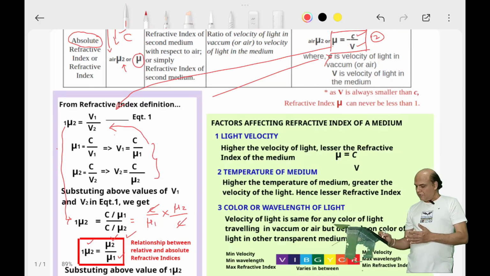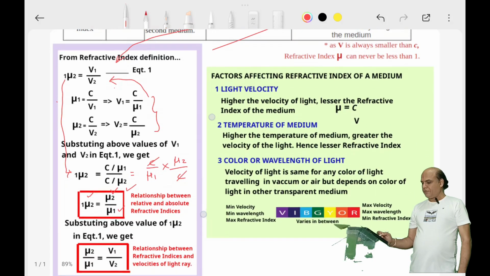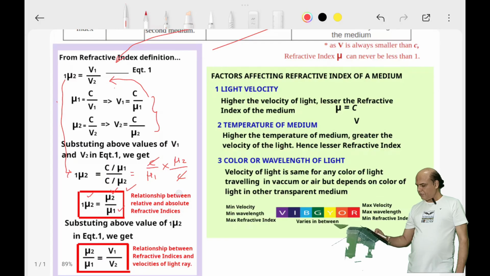The relative refractive index of medium 2 with respect to 1 is equal to the absolute refractive index of 2 by the absolute refractive index of 1. So this is the relationship between relative and absolute refractive indices.